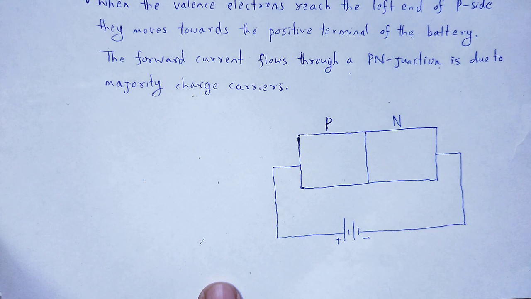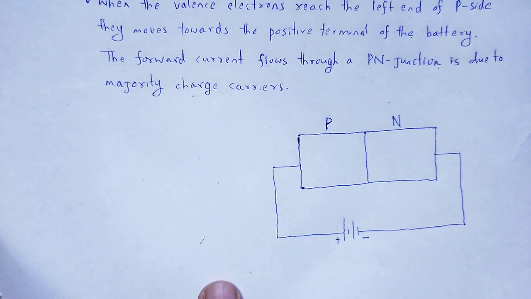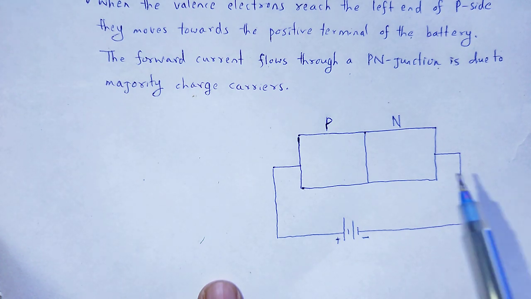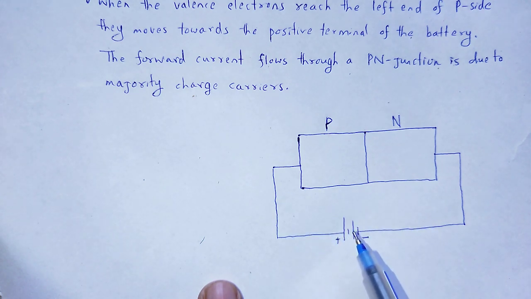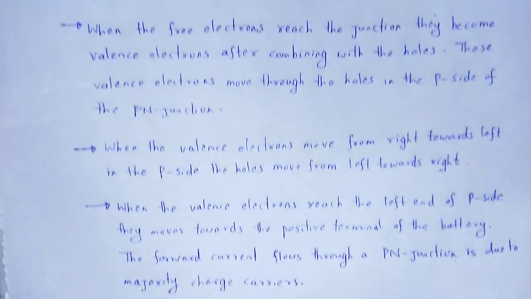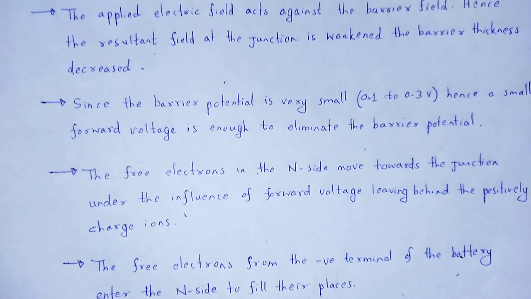Let me discuss what the mechanism of flow of current through the PN junction is in case of forward biased situation. Let me discuss it by using some key points.